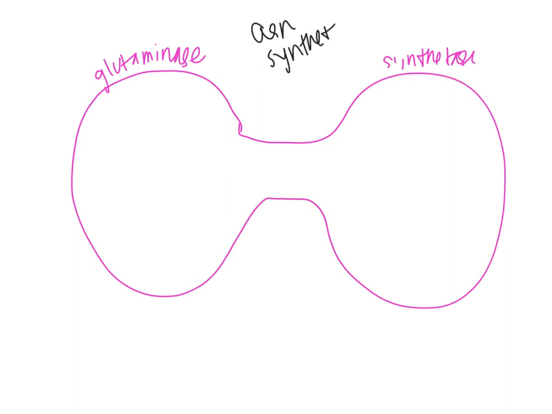Okay, so I'll make this the synthetase to match before. The synthetase active site in glutaminase. All right, so for arginine or asparagine synthetase, it turns out that aspartic acid and ATP bind first.